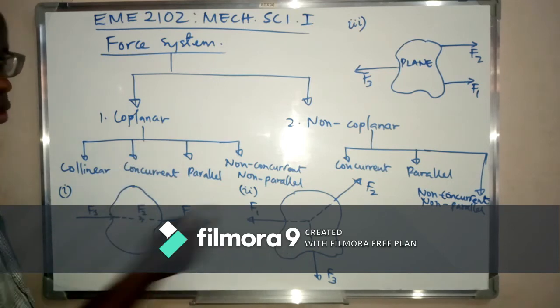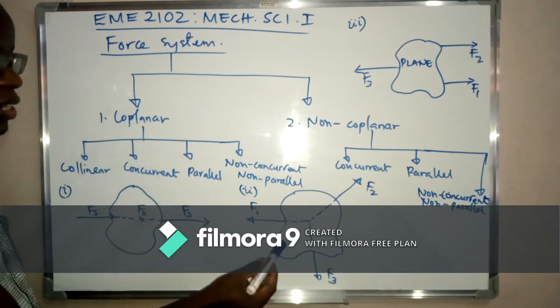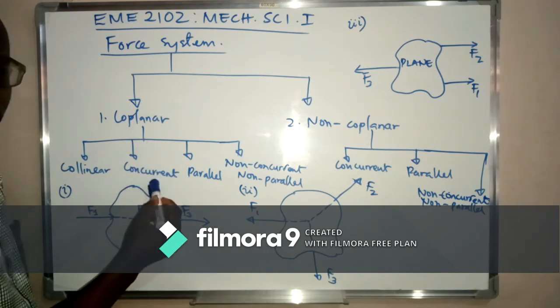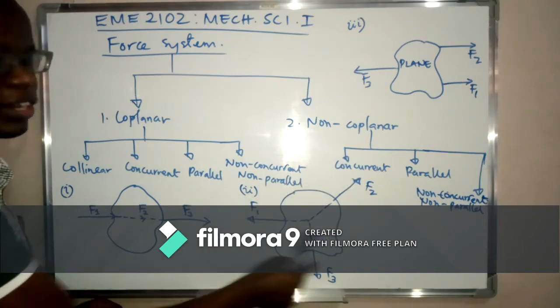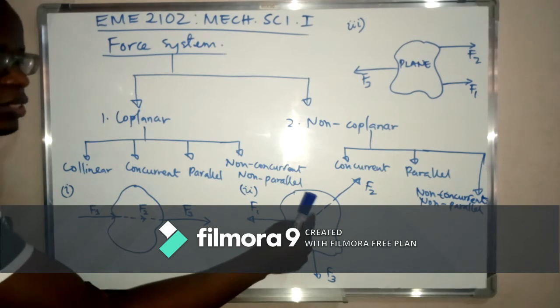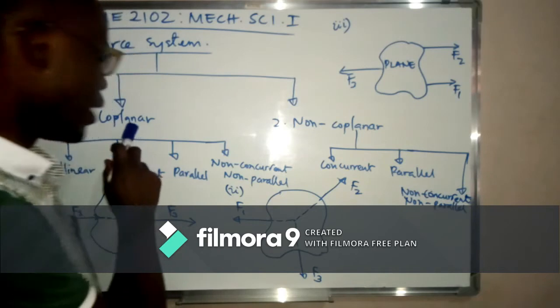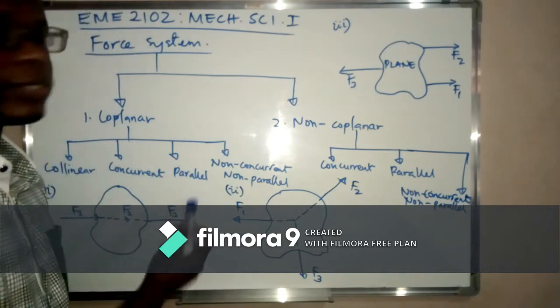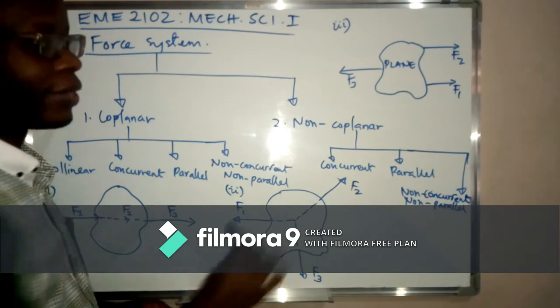Then when you look at this, we have coplanar concurrent forces. This illustrates coplanar concurrent forces. We have a plane, then we have these three forces, F1, F2, and F3, but they are concurring. That is, they meet at a point. Then we have coplanar parallel forces. These are forces that are acting parallel to each other.